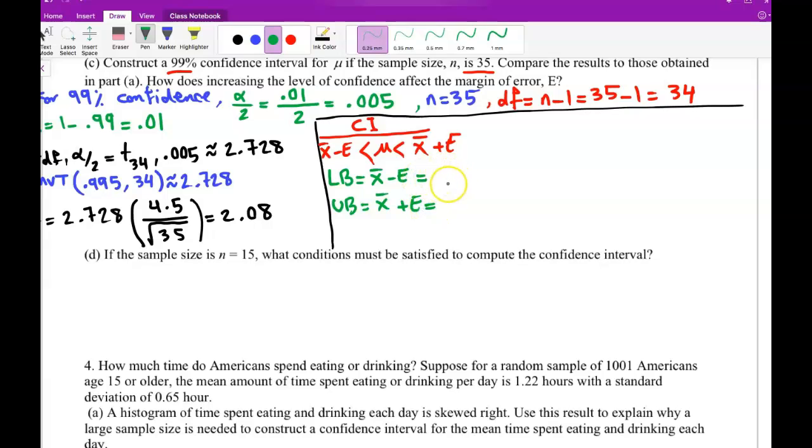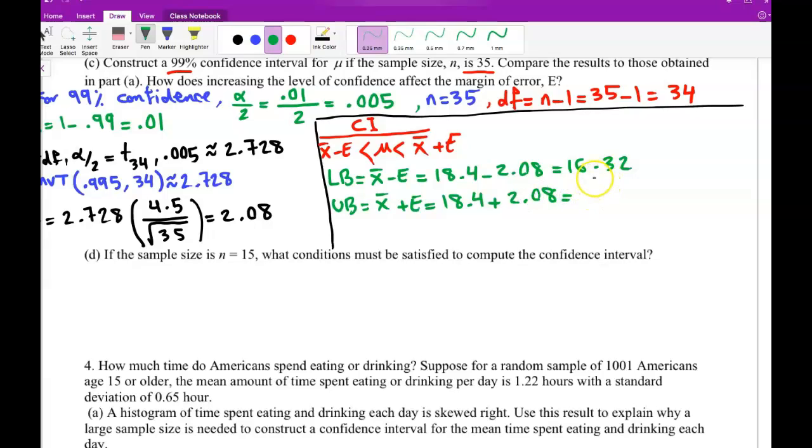Okay, so x bar is 18.4 and e is 2.08. So that is equal to 16.32. And for this one, now here we have same numbers and adding them.